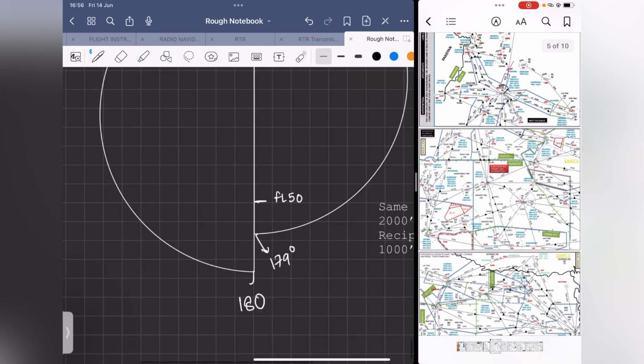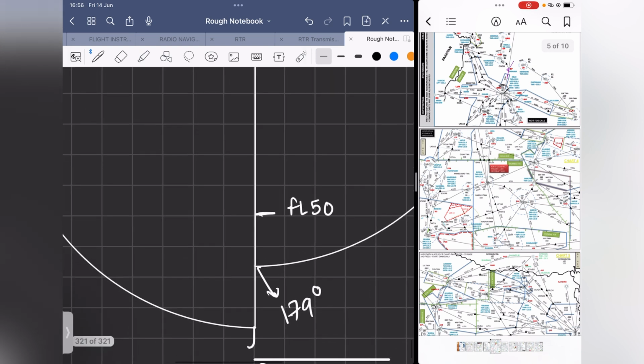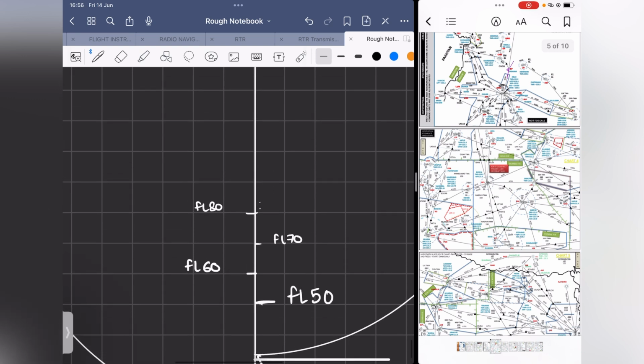So our first flight level is flight level 50. The next flight level is what? Think about it. It will be flight level 60. Then we have flight level 70, flight level 80, and so on and so forth. It keeps going until we finally reach flight level 150. Now here's where the first restriction comes about. What does the first restriction say?